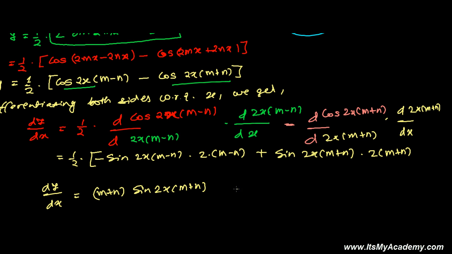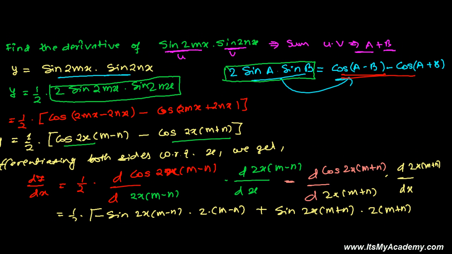And since this is minus, entering this half, the 1 by 2 and 1 by 2 cancel, and I get minus (m minus n) sine 2x(m minus n). This is our required derivative of the given question.